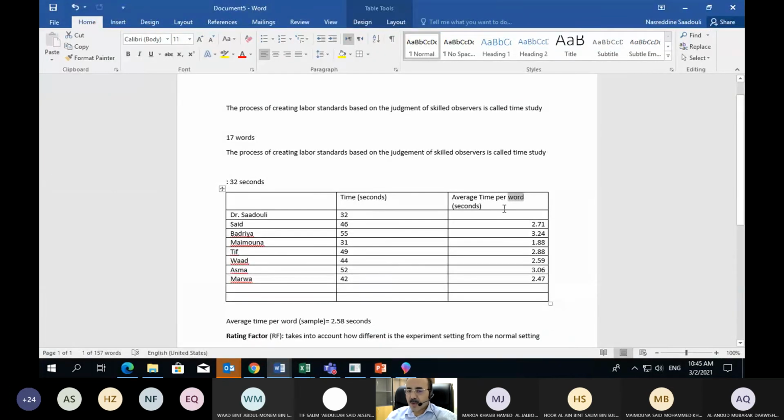We measured the time for the work elements. And in our case, realistically, I cannot just give you one word and ask you to type it and at the same time take a measurement. I don't think that would be accurate. So we did this procedure where I'm doing 17 words and then I'm going to take the average to find the time per word.